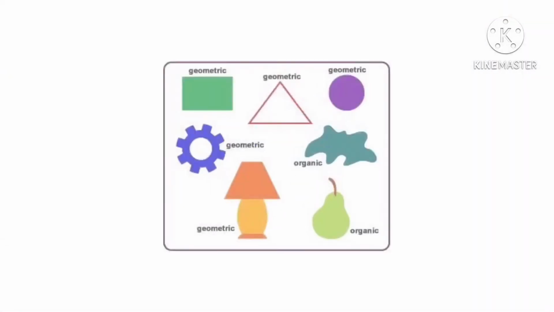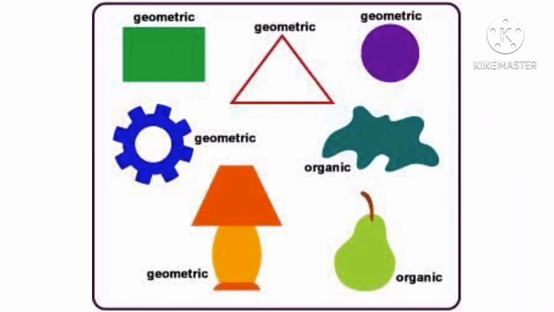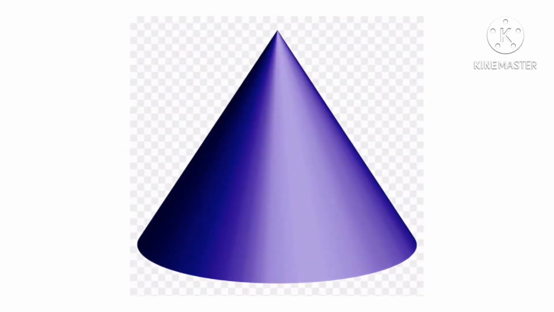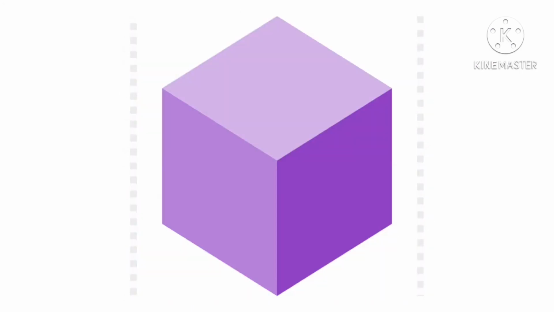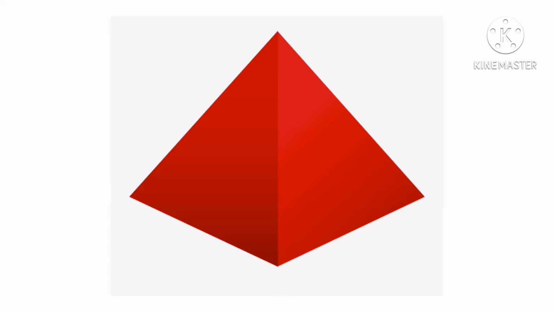There are two types of form, the geometric form and the organic form. The geometric form has a specific name such as cone, cube, or pyramid.